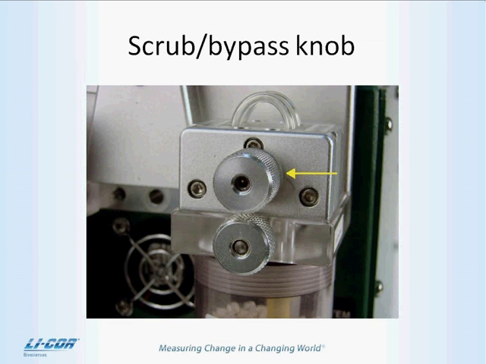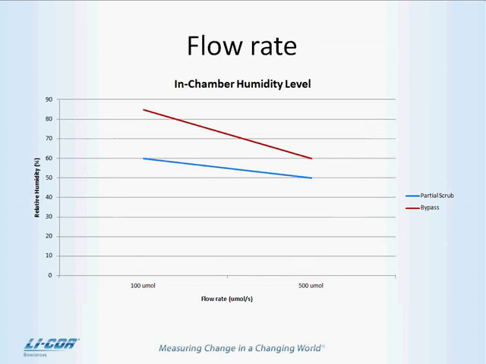However, in many cases, as Tanvir also mentioned, changing the flow rate is more efficient than just changing the scrub setting to bypass. You can think of this as two different levels of a microscope. The coarse adjustment is just changing the scrub bypass knob, but when you really want to get an idea of what's going on and control things pretty well, you can also change the flow rate. That's the fine adjustment.